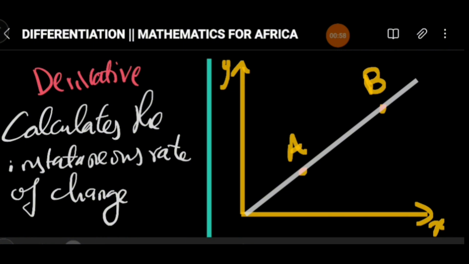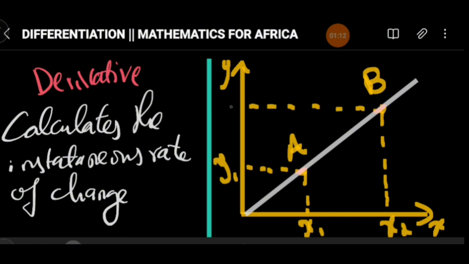I've called this point B; down here we can call it x2, and down here x1. Extrapolating to the y-axis, this one is y1 and this one is y2. y2 corresponds to x2 and y1 corresponds to x1.